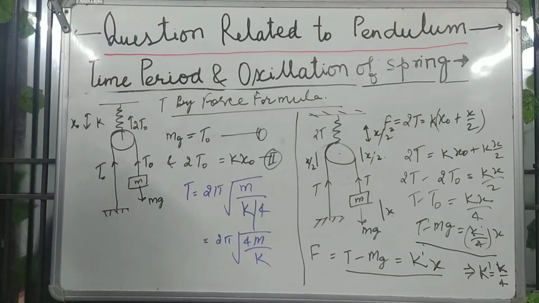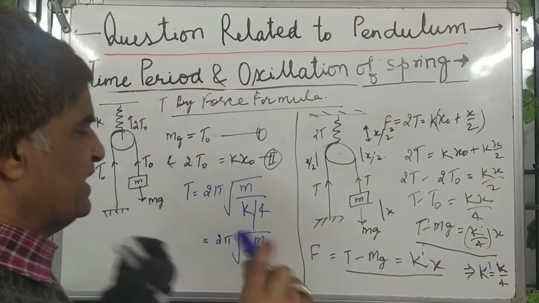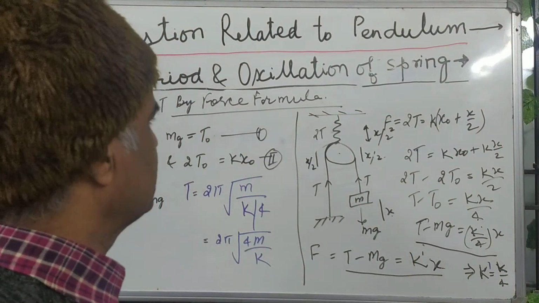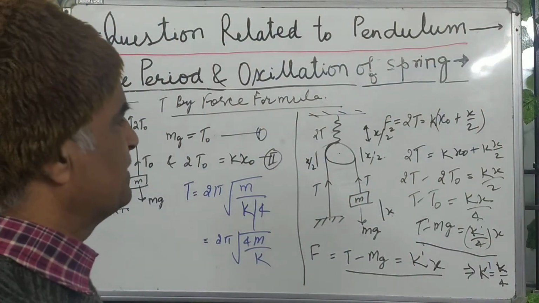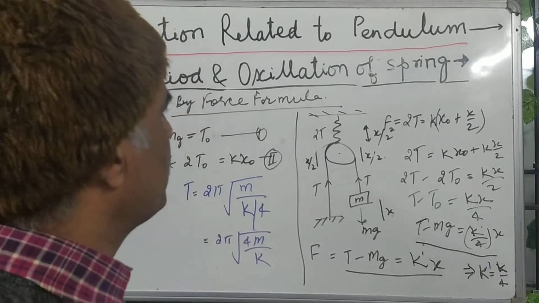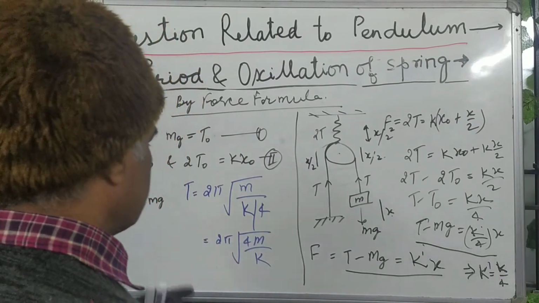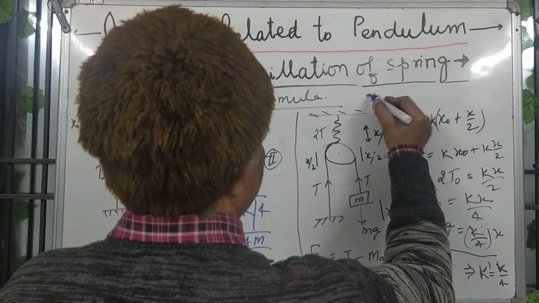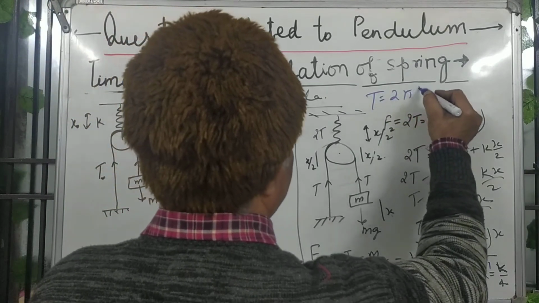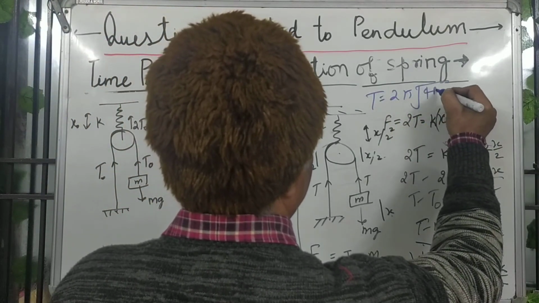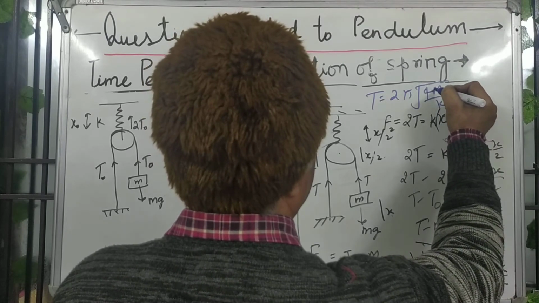So this is the technique to solve many questions. There is a shortcut if they are asking only the time period, and I am going to teach you that shortcut also. The time period T equals 2 pi root 4m upon k.